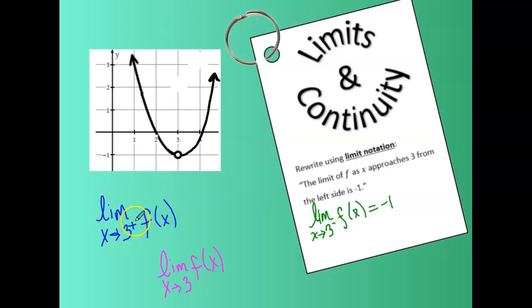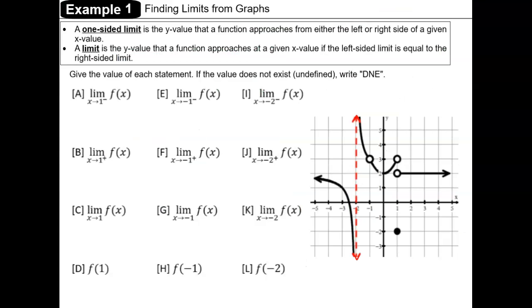Now the limit as I approach 3 from the right is also -1. And because the one-sided limits both go to the same value, the limit of x approaching 3 from any direction is -1.